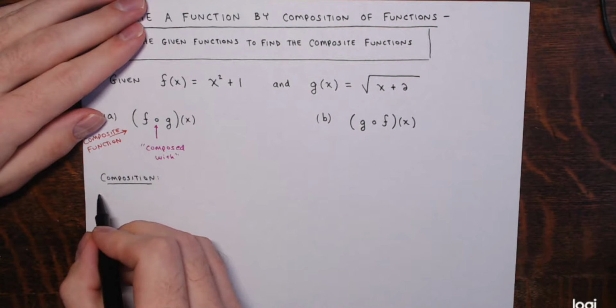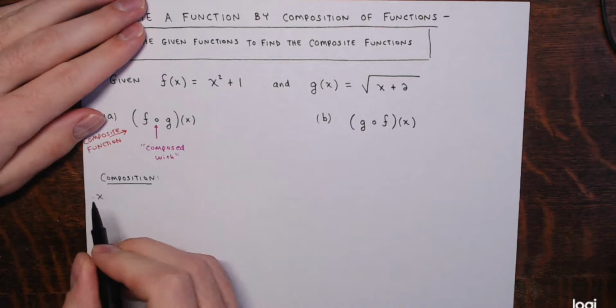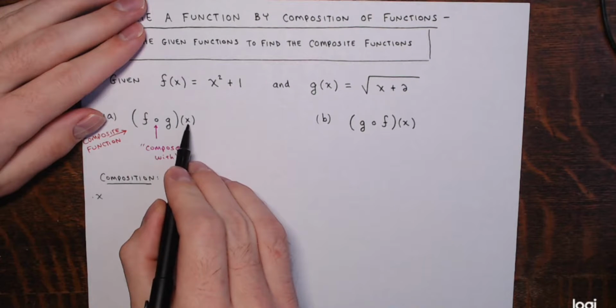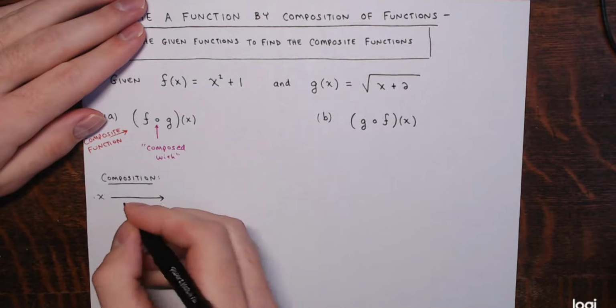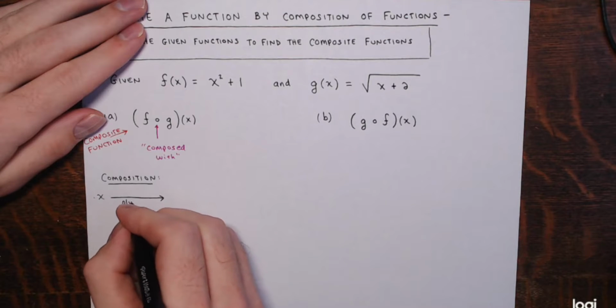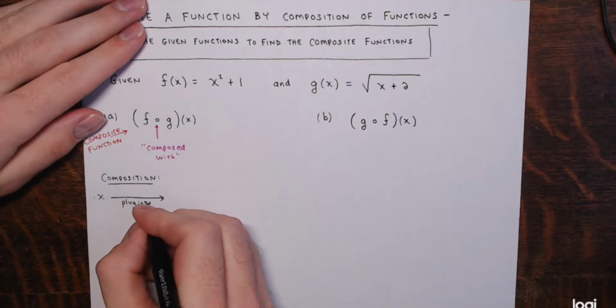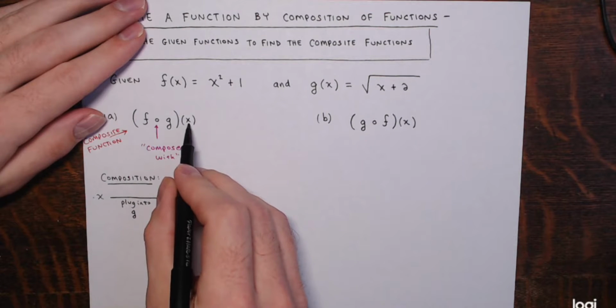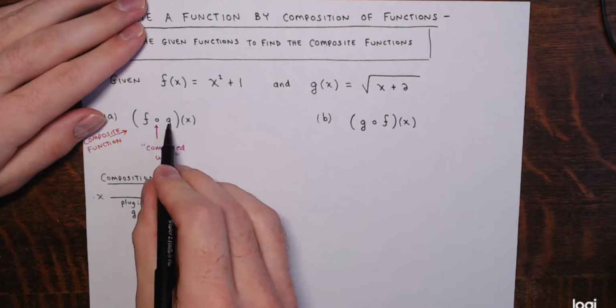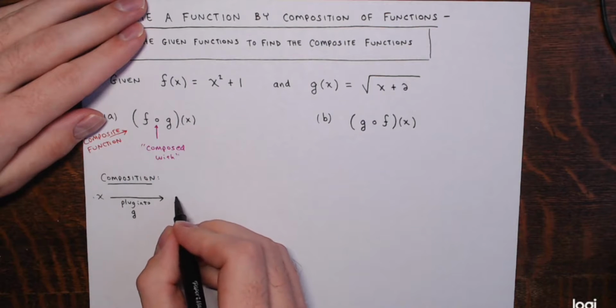But you take the input x. Right? So whatever my input is, I take the input x and I plug it into the first function, which is g here. Right. So I take x, and then going right to left, I plug x into g, and that gives you g of x.